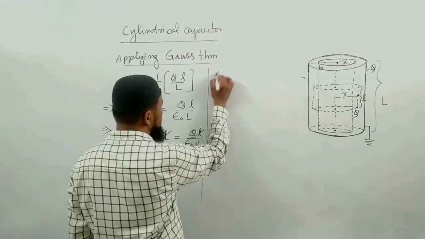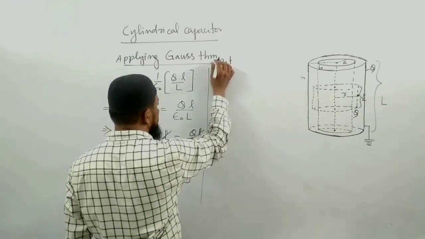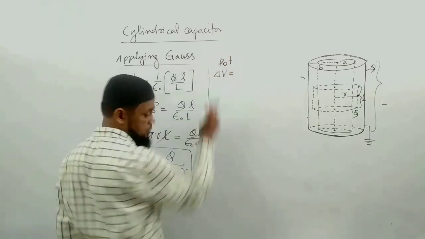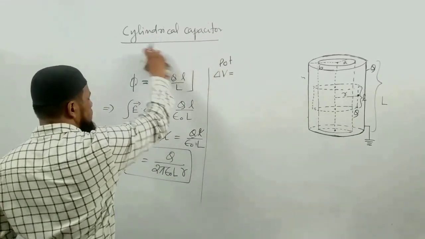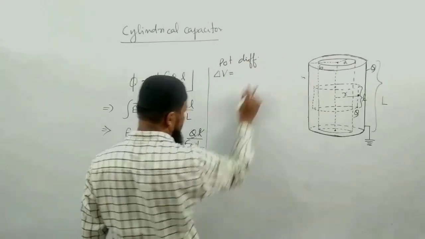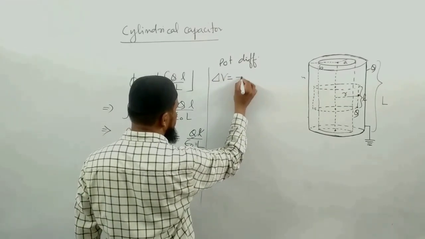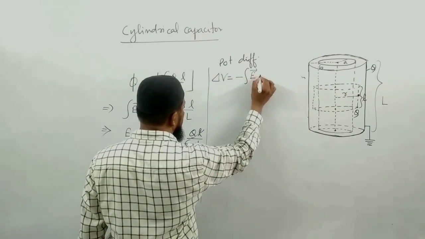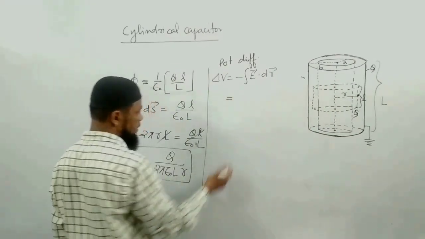From here we can find the potential difference between the two cylinders. Delta V is the integral of E bar dot dr bar.